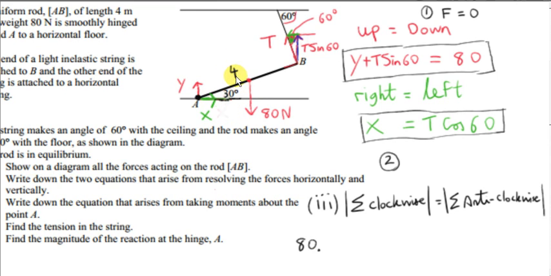Well, that's easy to find because the rod is 4 meters long. And since this point here, the center of gravity, is at the midpoint of the rod, we have a right angle triangle here which is half the size of this bigger right angle triangle. So we just get half the sides of it.